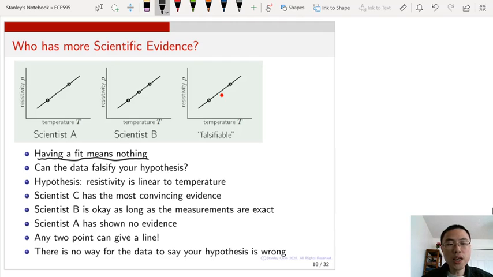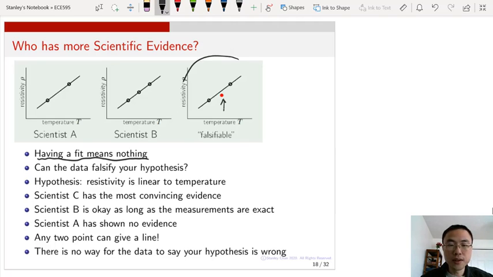Now compare A and B, you may certainly say that scientist B has more evidence because he or she has 3 data points. But if you look at scientist C, you see that the person actually chooses to fit these 2 data points in the presence of an outlier. Therefore, comparing A, B, and C, which one has more evidence?